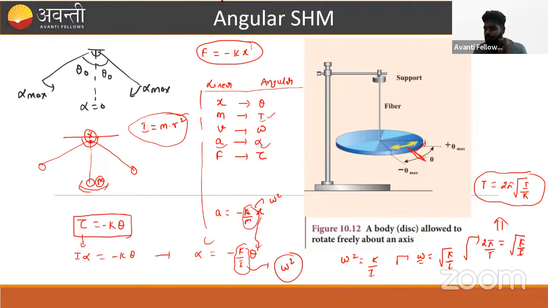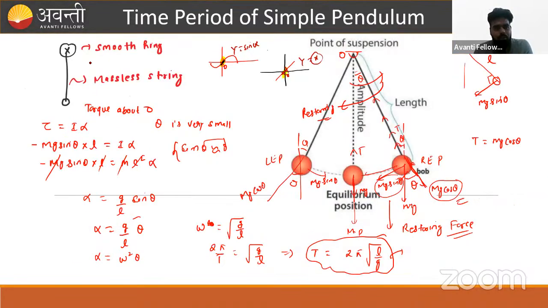We can say it is the distance between the mean position and the extreme position, but in this case we are interested in the angular displacement, the angular deviation. So if this is the extreme position, theta naught is our angular amplitude, and in a similar manner this is the angular amplitude in the other direction. I hope this is clear to you.